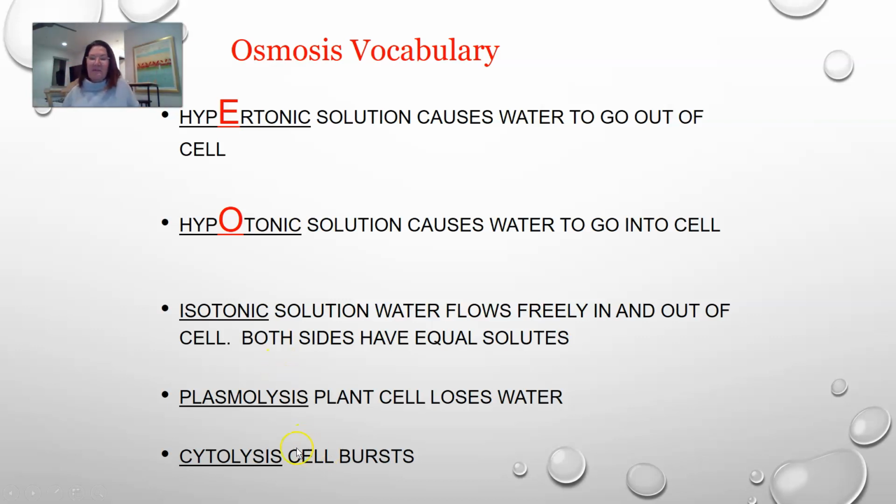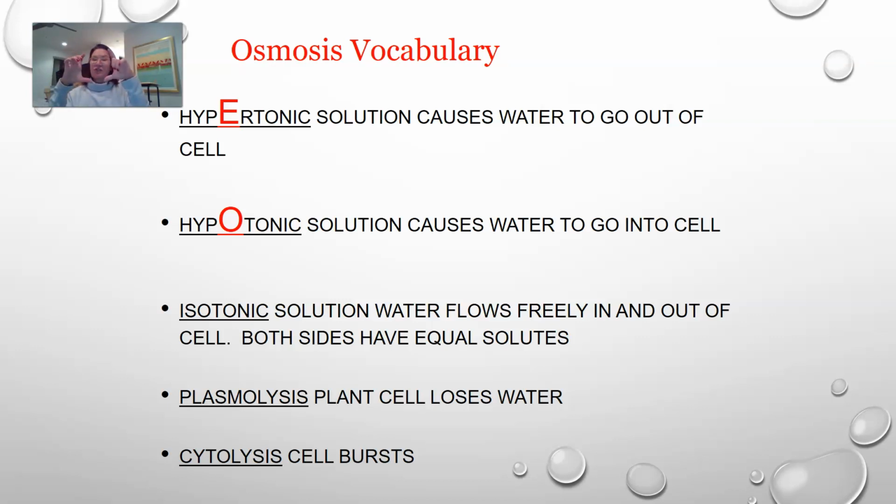And then we have plasmolysis, and this is only in a plant cell, and it's when it loses water. So if you see that the plants shrivel up, right, when you haven't watered it in a long time, that's because your vacuole is empty.